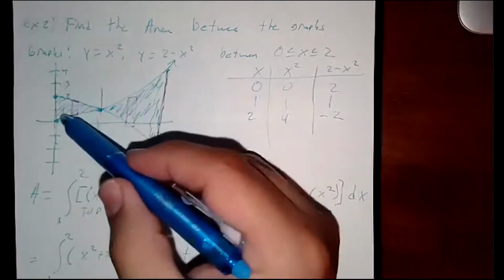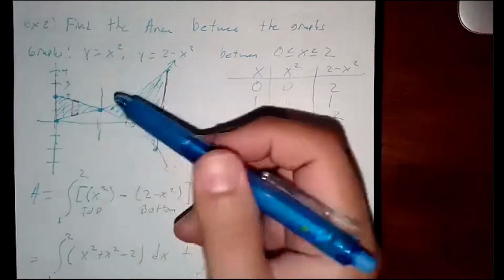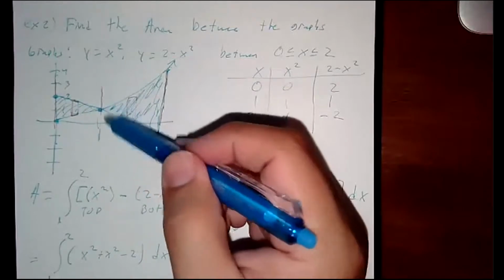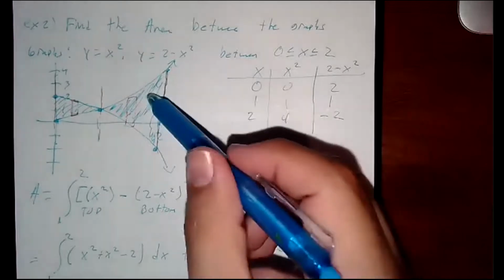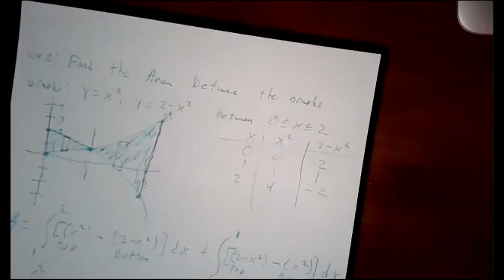For example, if I were to try to find this area down here, it would hit this function and then hit this function multiple times. So sometimes you need to switch to dy to help you. So let's do one of those guys and write some notes right beforehand.